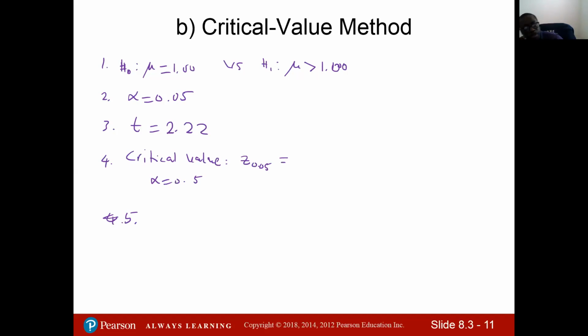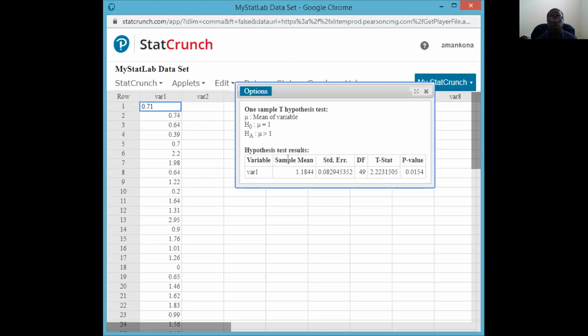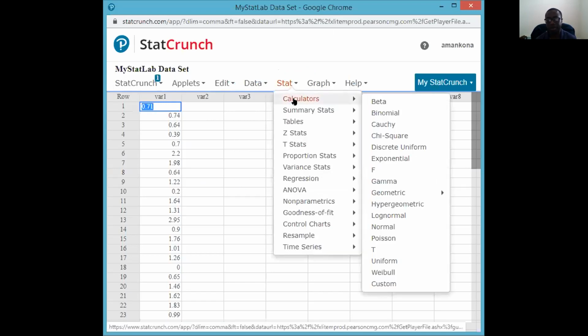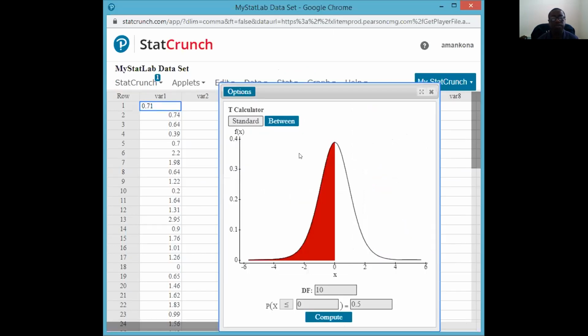All right, so let's go back to StatCrunch for the same. What we need to do is find the critical value. So you always go to the calculators and pick the T distribution.